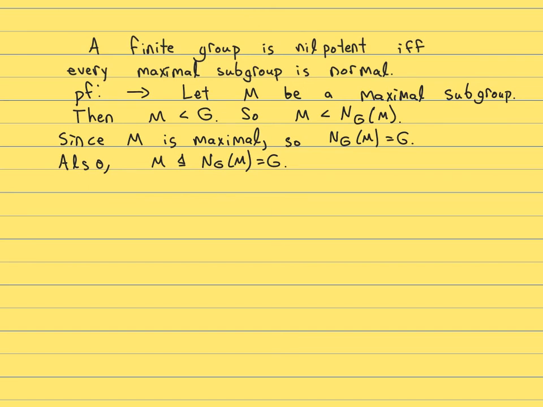This part was just like the case of p groups. So now we're going to assume the reverse. This is the part that uses Frattini's argument. We're going to assume every maximal subgroup is normal.